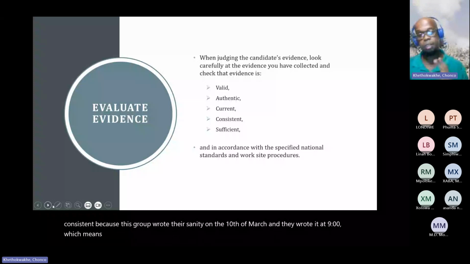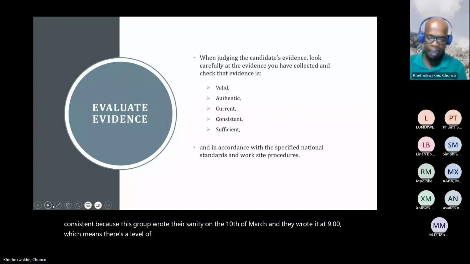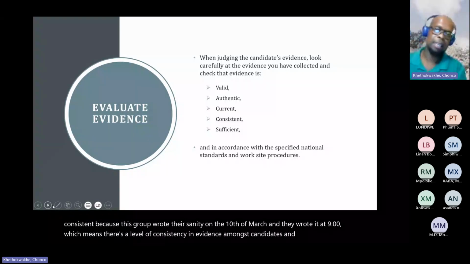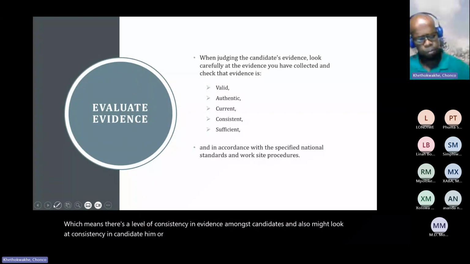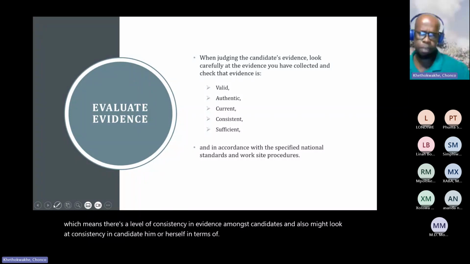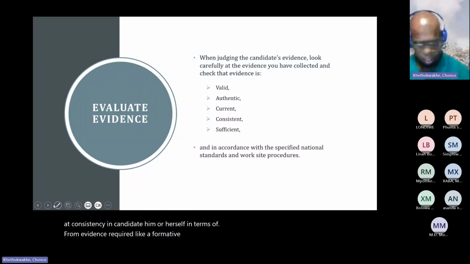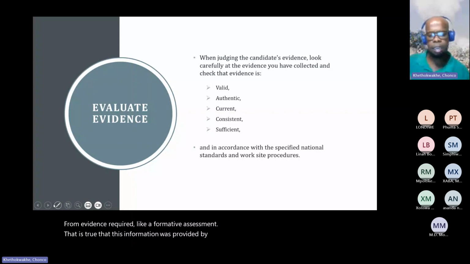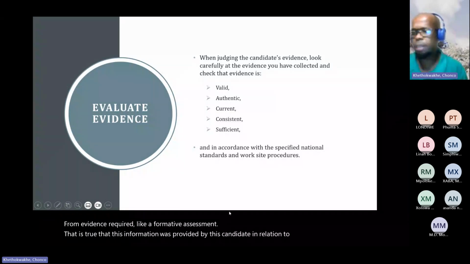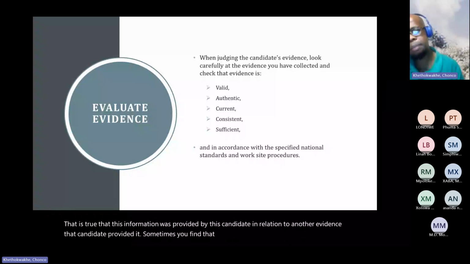And also, you might look at consistency in a candidate him or herself, from the evidence required, like a formative assessment. Does it show that this information was provided by this candidate in relation to other evidence that candidate provided? Sometimes the assessor might pick up that the handwritings are not the same.